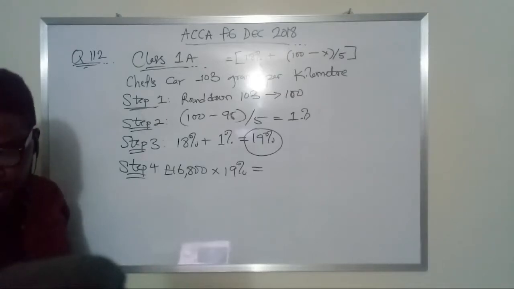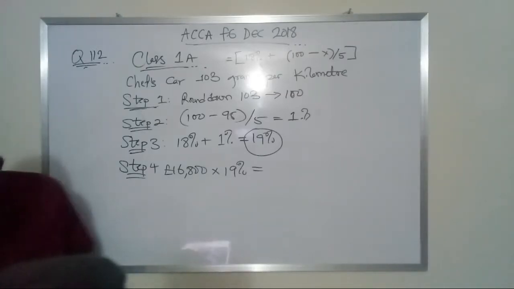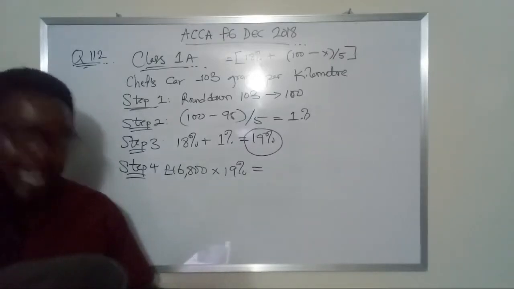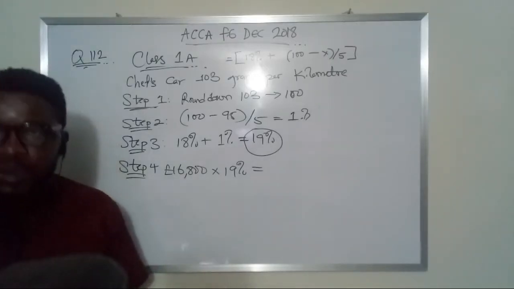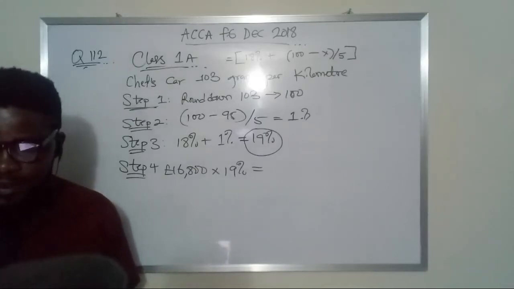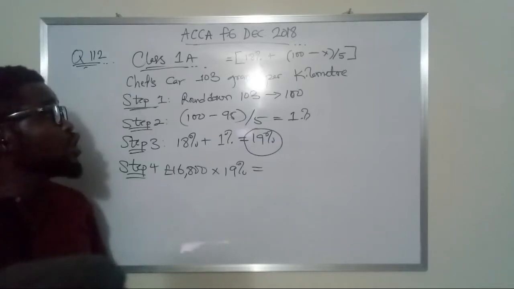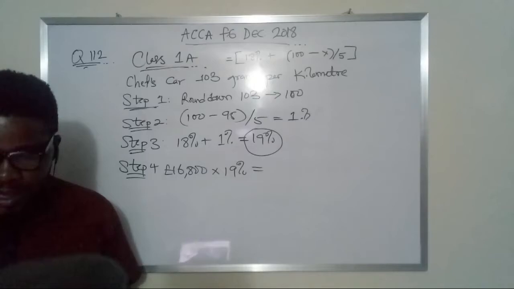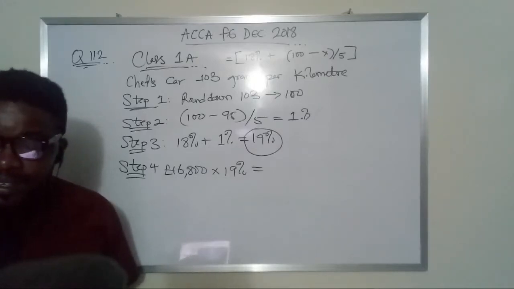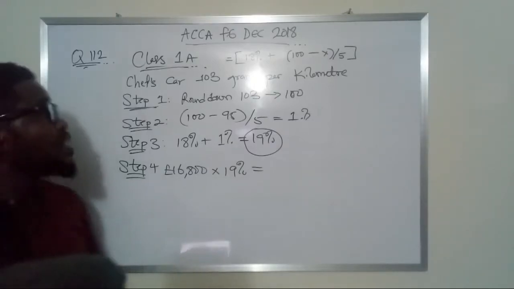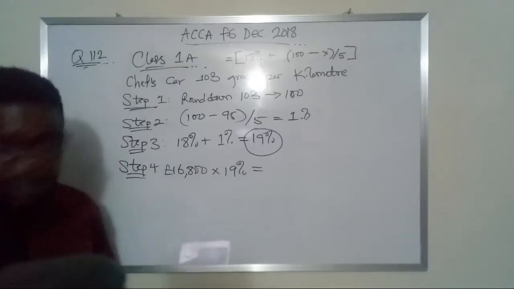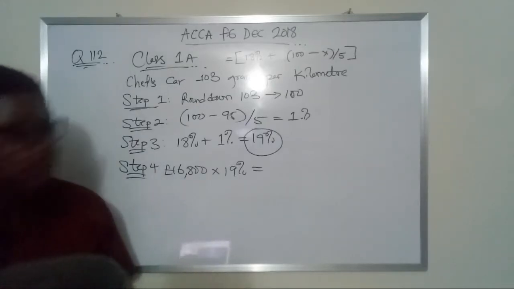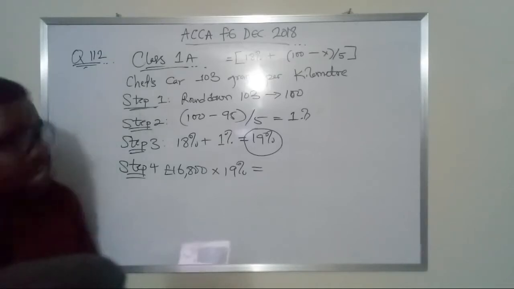You understand that part? So what is happening, why we minus it is, according to the formula table, once it's 95, what we have is 18%. If the CO2 emission per kilometer is 95, it's 18%. But because it is greater than 95 grams per kilometer, we are trying to find the additional.